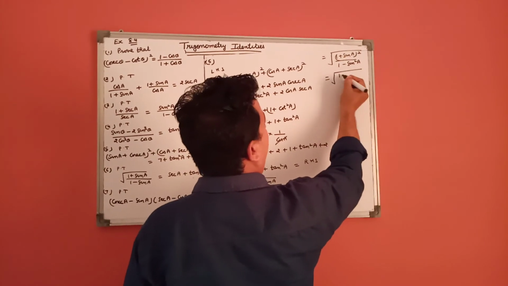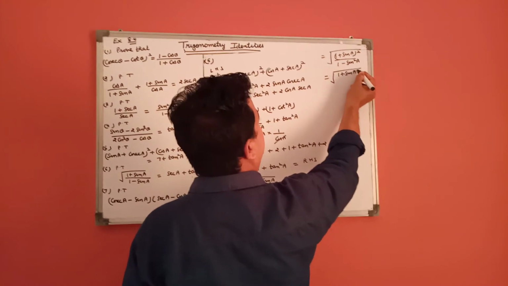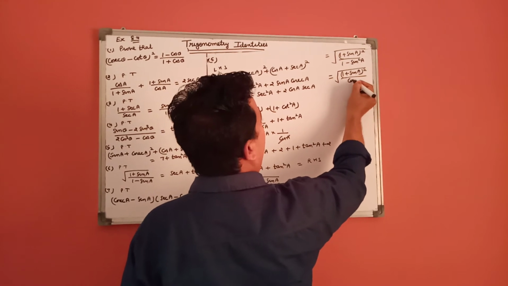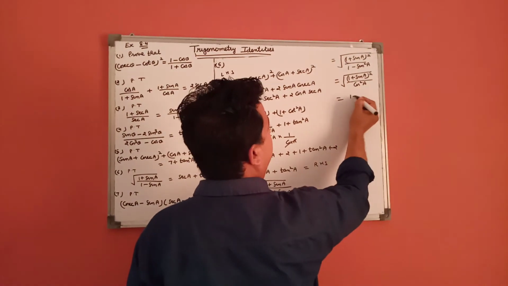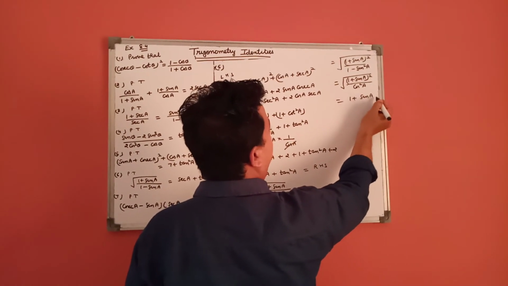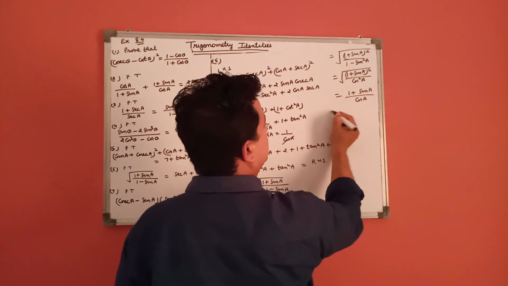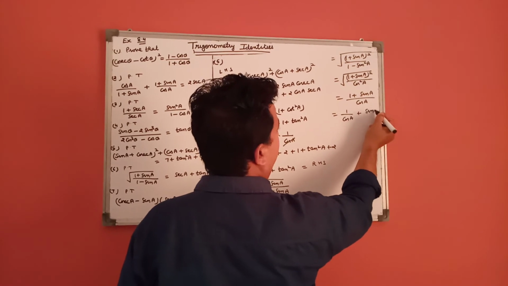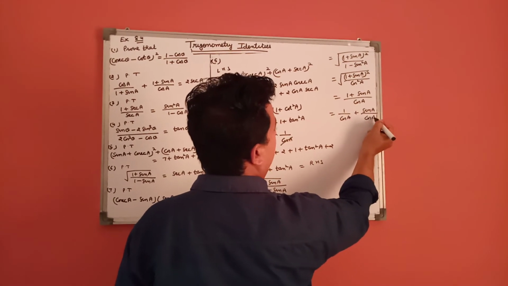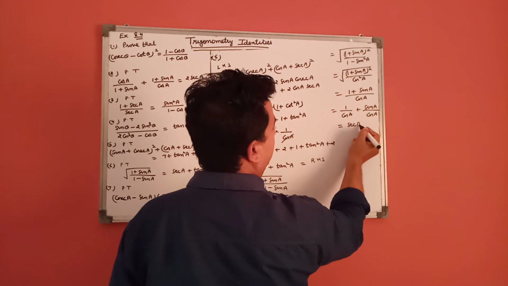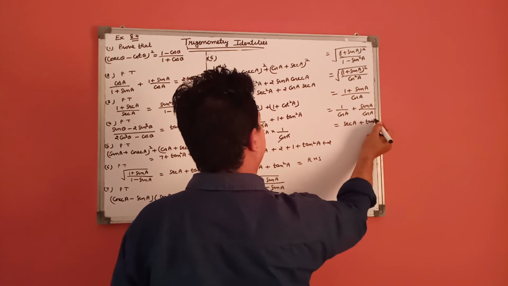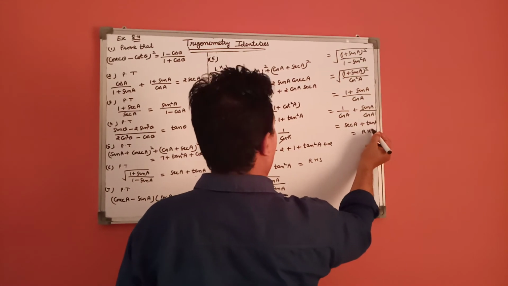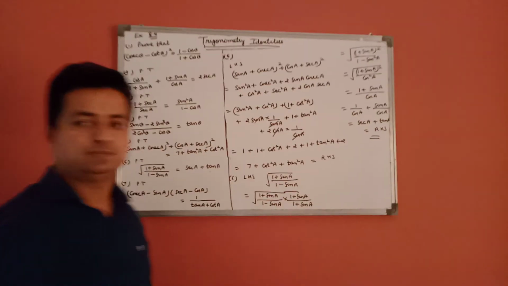As we know, 1 minus sin square A equals cos square A. When we take square root, 1 plus sin A upon cos A, separate these terms, we get 1 by cos A, that is secant A plus tan A. This is the right hand side of this question.